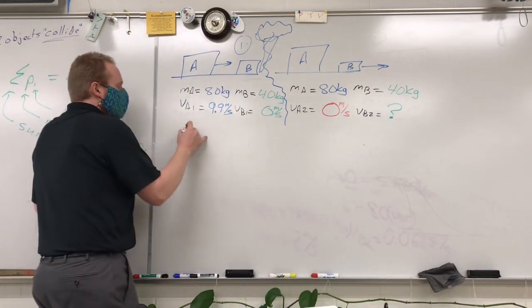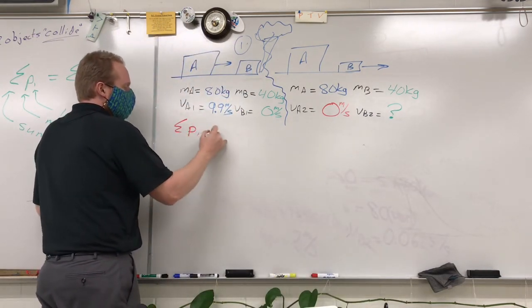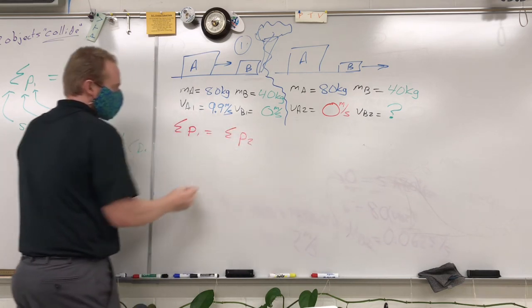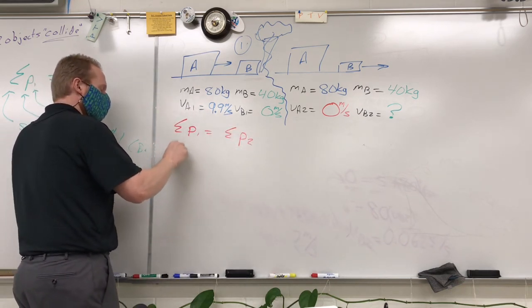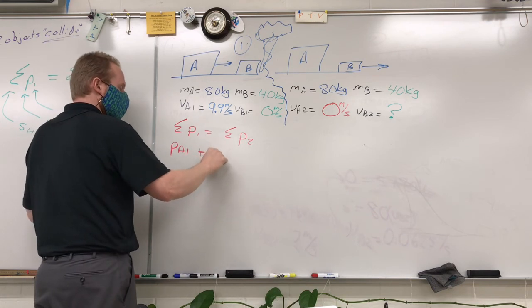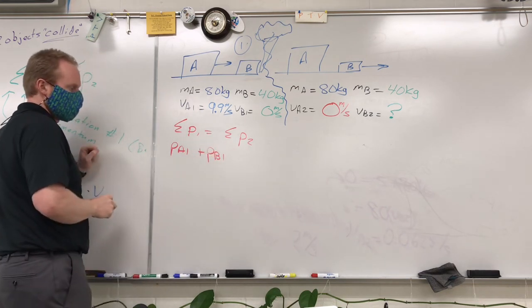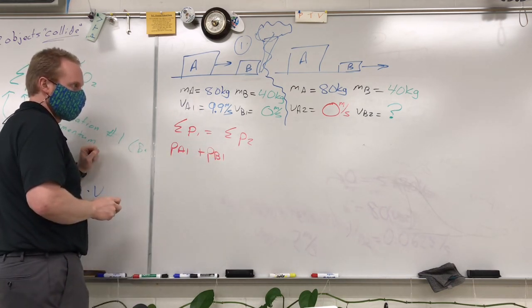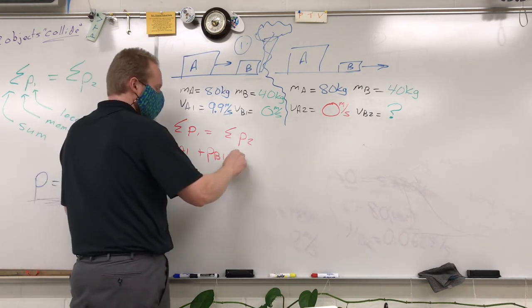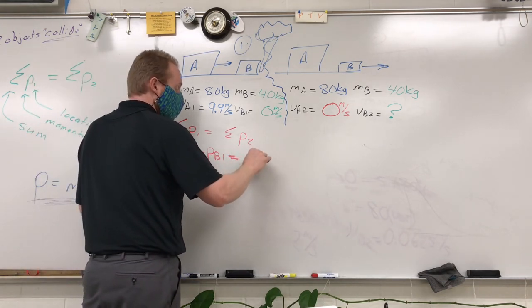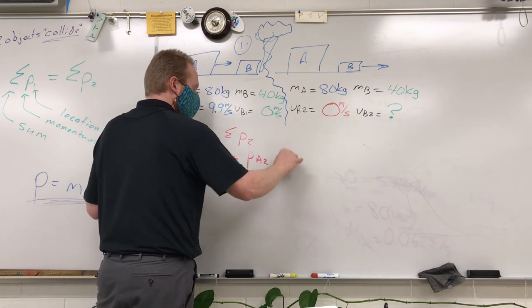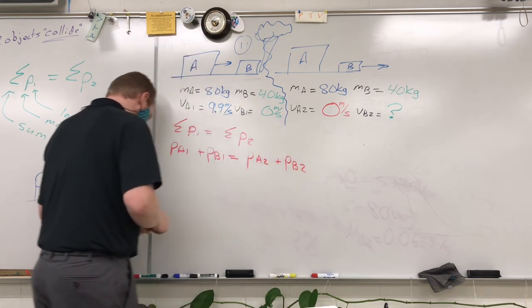Okay, so sum of all my momentum before is equal to the sum of all my momentum after. I start with two objects, so I need to start with two momentums, PA1 and PB1. And that equals the sum of my momentum after. I have two objects after, so I have to have two momentums after.